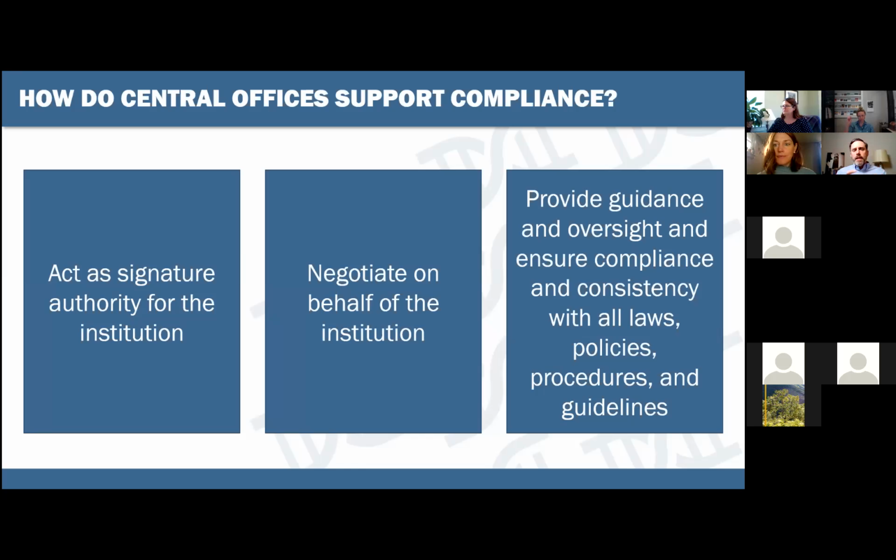And as Holly said, in her situation, most of that grant application work is done by the administrators working closely with the faculty. But when it does come to the central office, we act as the signature authority for the institution. So a grant proposal can't go out the door without the central office signing off on it.